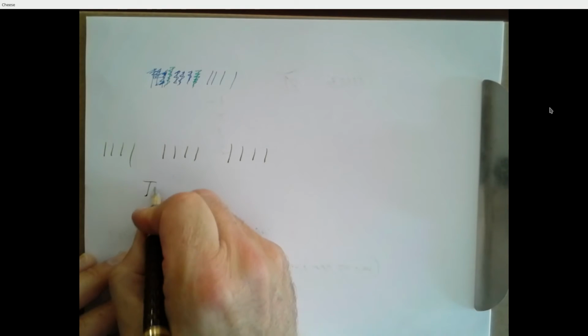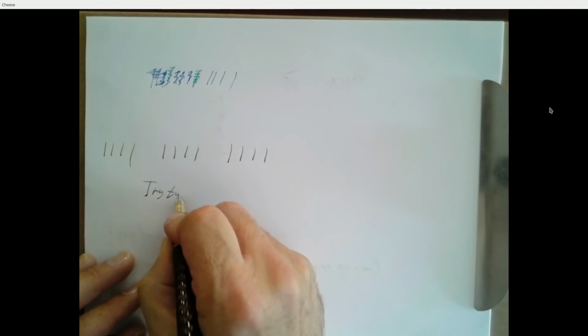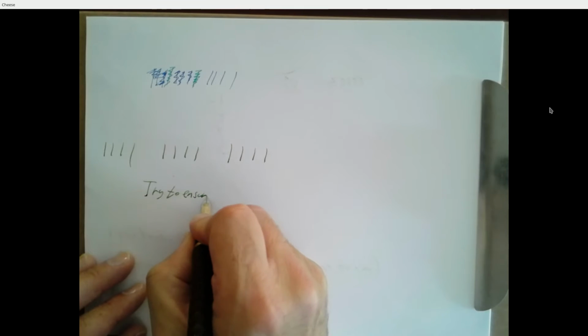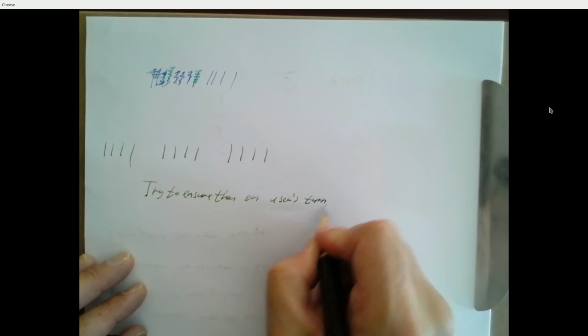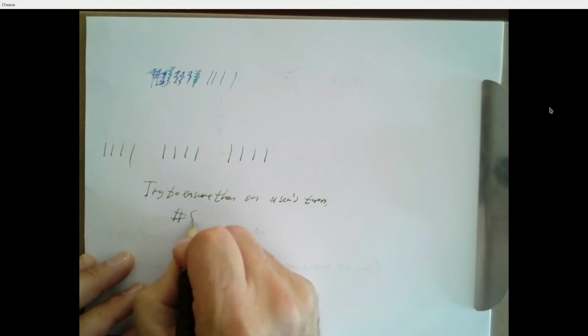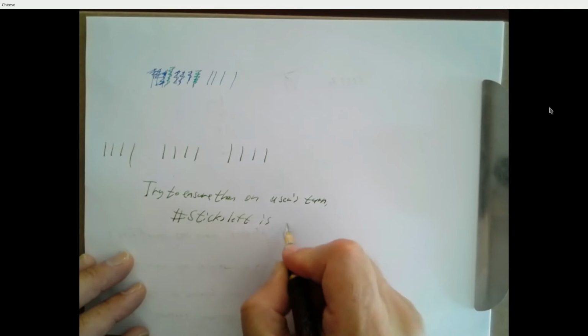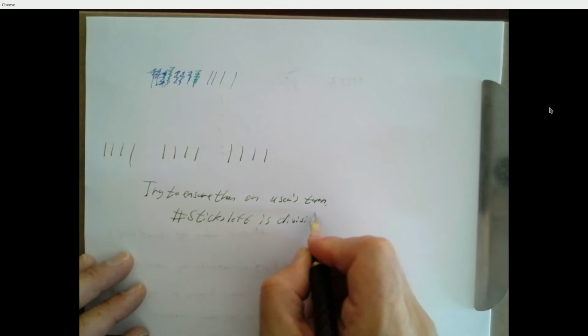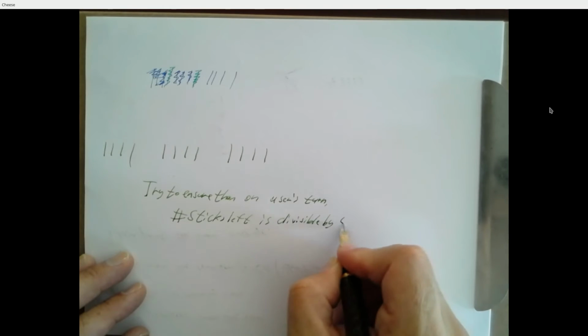Try to guarantee that on the user's turn, the number of sticks left is divisible by 4. If I can do that, I can win every time.